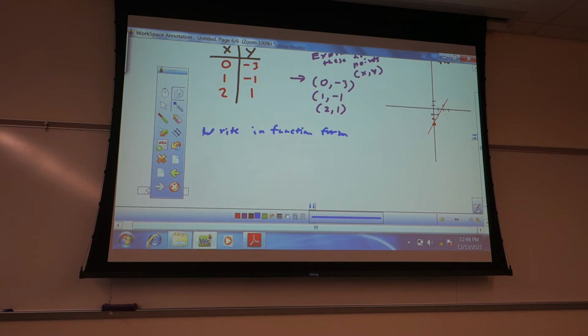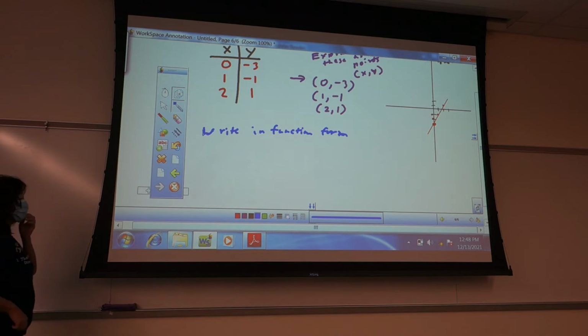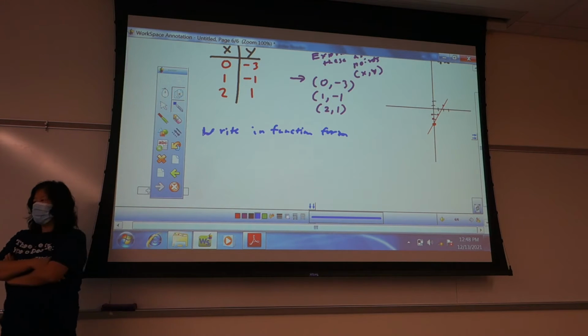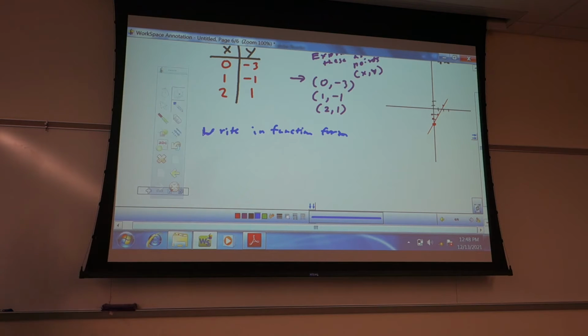In function form. Someone might say, well, what's function form? That's f of something equals something else. Function form.